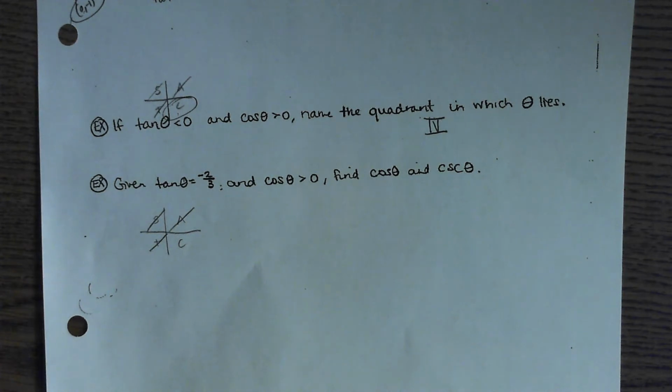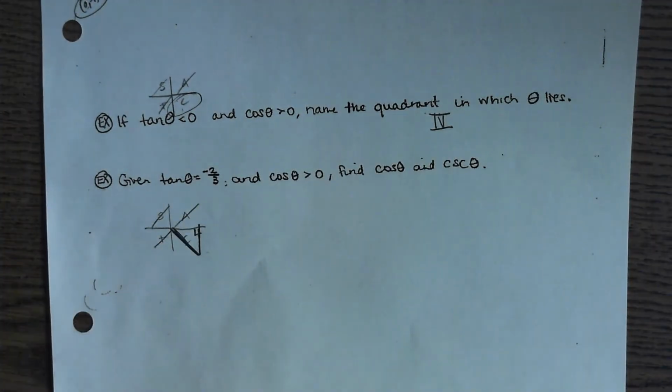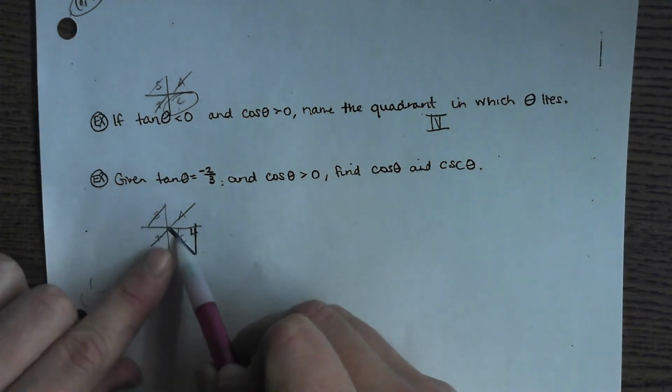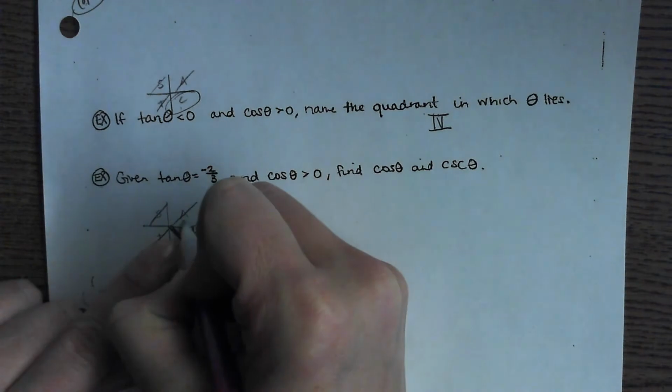Right. Right, so they didn't give us a coordinate. Like before they gave us a coordinate, we plotted it. Now they didn't give us a coordinate, but we know where the terminal ray is. We know it's in the 4th quadrant. So we can always drop the altitude, and we can always now label the sides accordingly. So the opposite is -2 over the adjacent is 3.